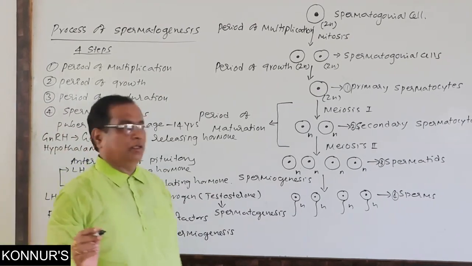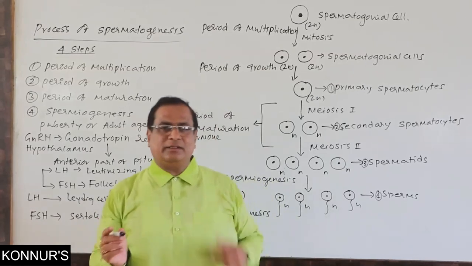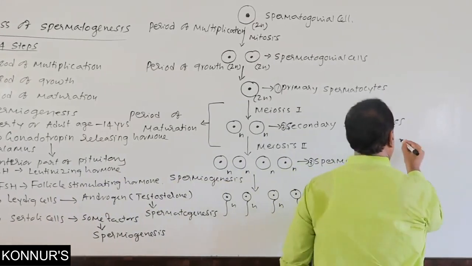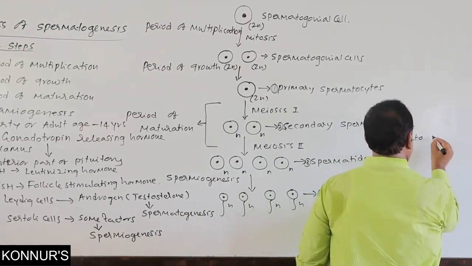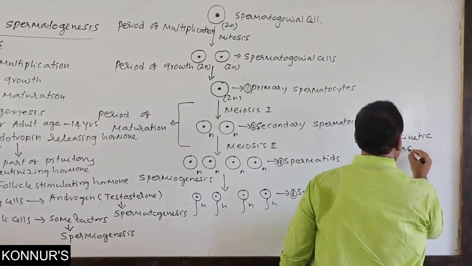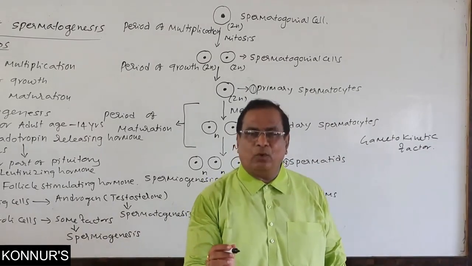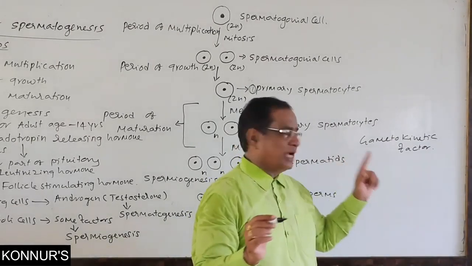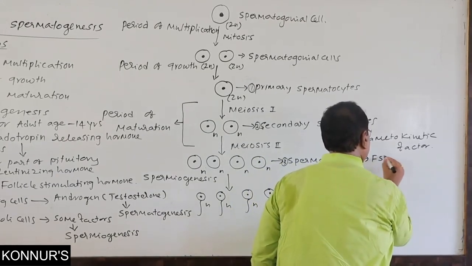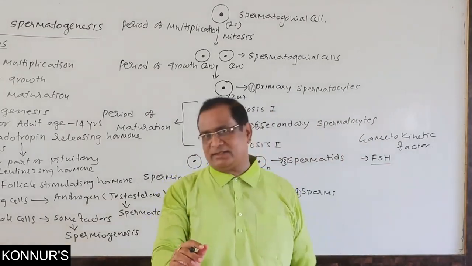That's why you know that FSH is considered as gametokinetic factor. Which of the following hormone is said to be gametokinetic factor? That is none other than FSH. Not only in males, even in females.